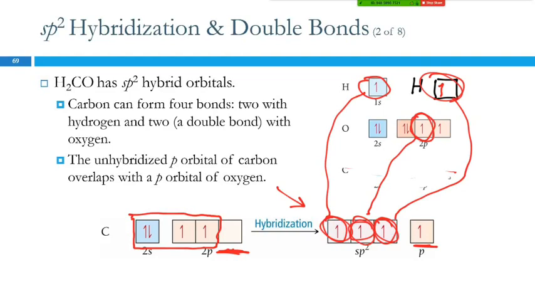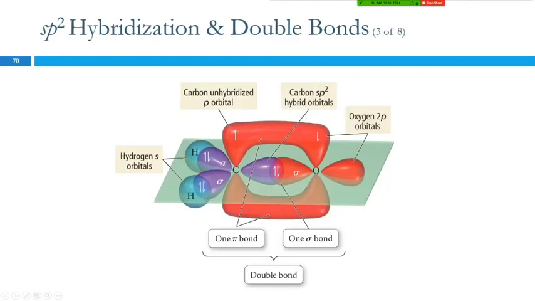And so those are going to make a trigonal planar shape. And then I've got a p orbital on oxygen and an unhybridized p orbital on the carbon, and those are going to overlap. So let's see what that looks like.